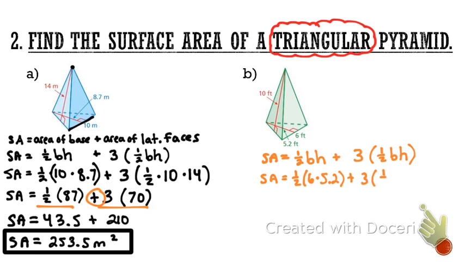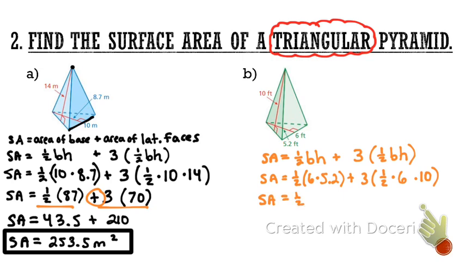Plus 3 times half times the base. Once again, we've still got a 6-foot base, and then the height, remember, is going to be the slant height going up for all the lateral faces, which is 10 feet. If you didn't get that, go ahead and erase it and fix it.